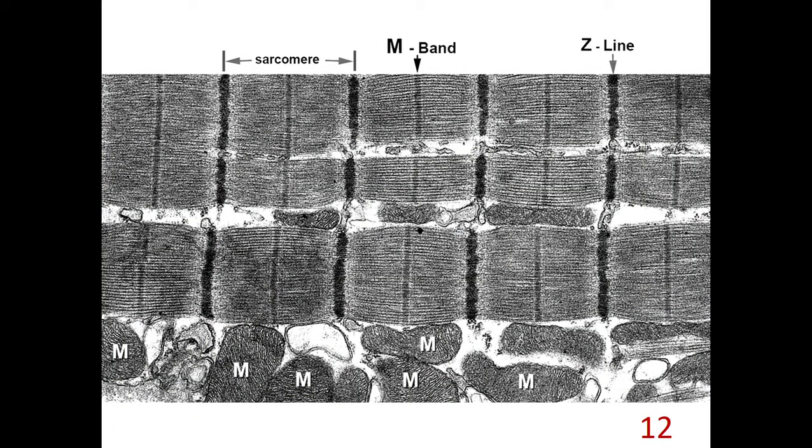In this electron microscopic photo, between two Z lines, we see the sarcomere. Also, M bands and mitochondria are here.